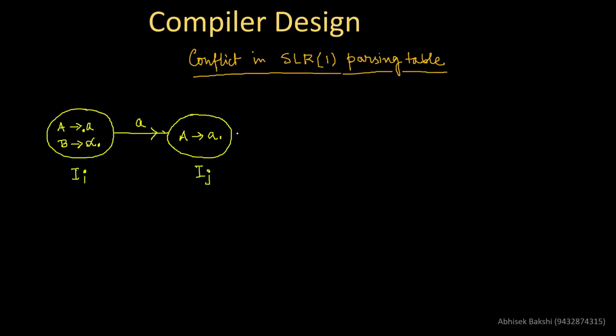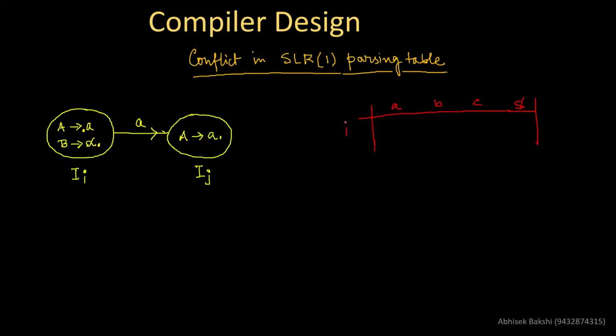Now see, in case of an SLR(1) table, if we draw the parsing table again, say I have some terminals A, B, C including dollar. I'm interested only in this part, not the goto part, because there is no scope of clash.